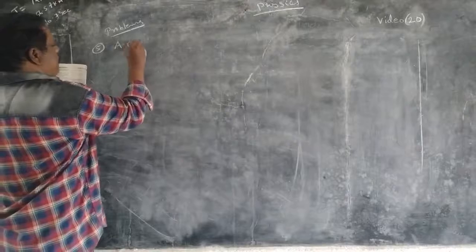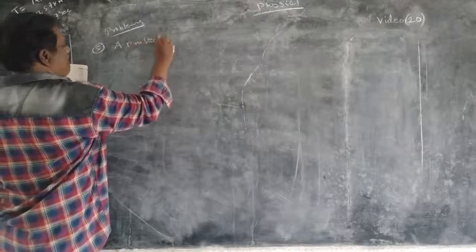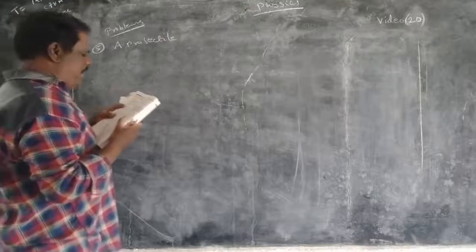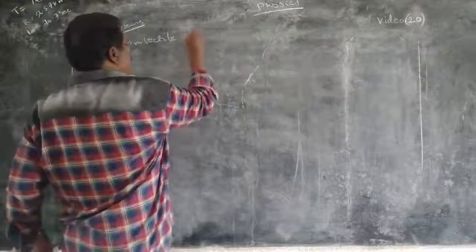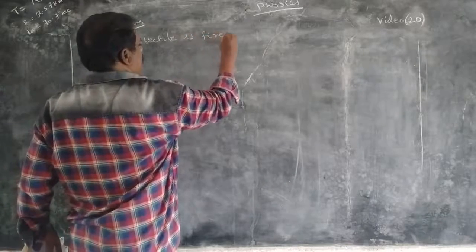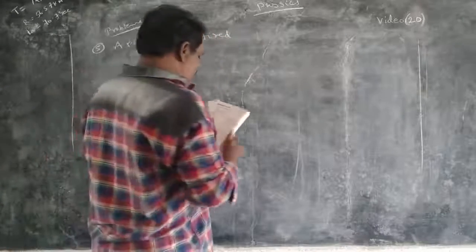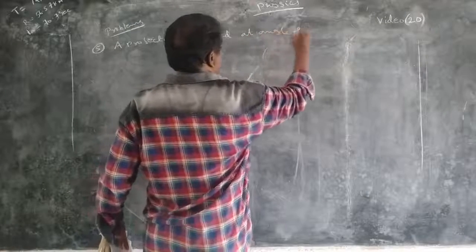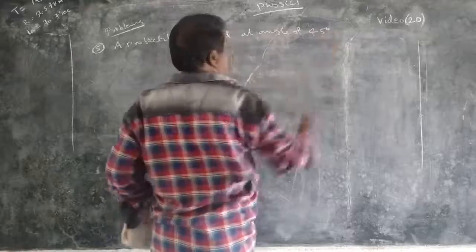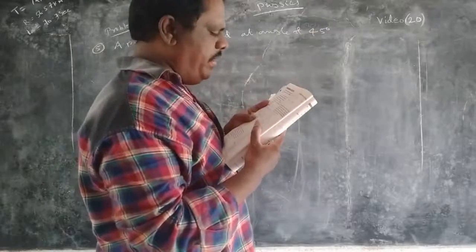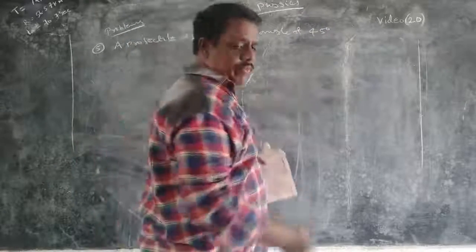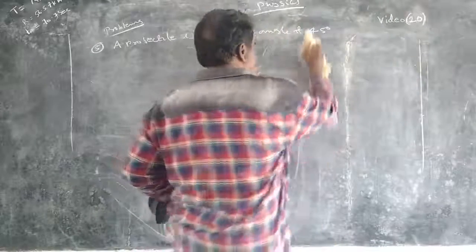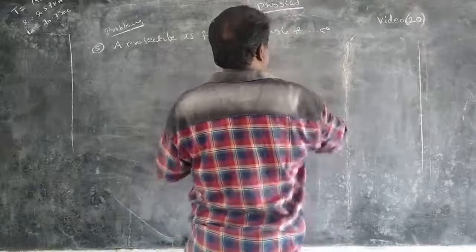A projectile is fired at an angle of 45. Sorry, it will be 60 degree. Angle they are given 60 degree.